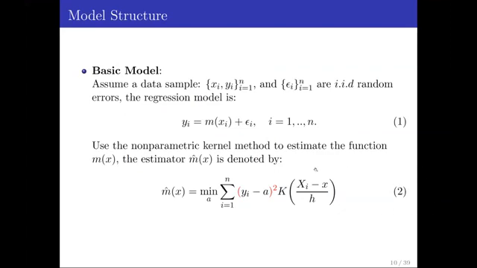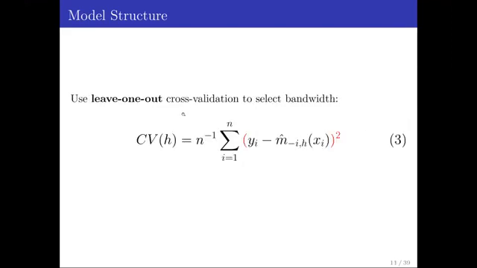That is, we use the non-parametric kernel function, which is K here, and also a square function. By equation 2, we get the estimator m hat. And by bringing this m hat into the leave-one-out cross-validation process, we get the selected bandwidth. How do we get it? We just minimize the CV, then we get the bandwidth.